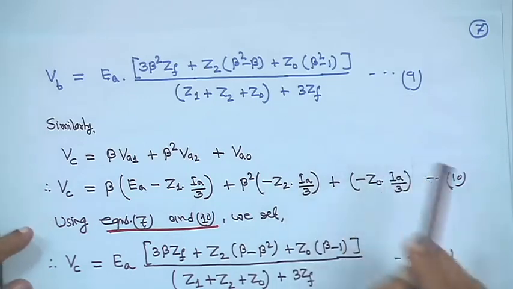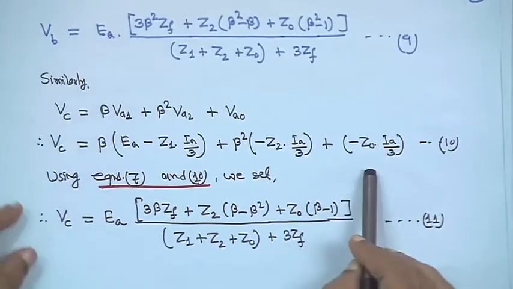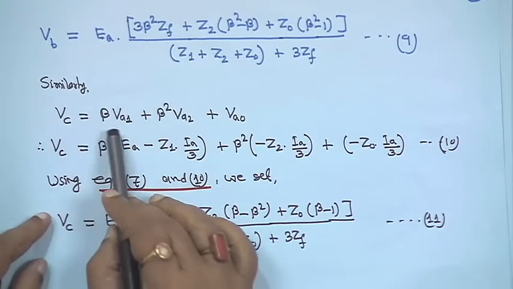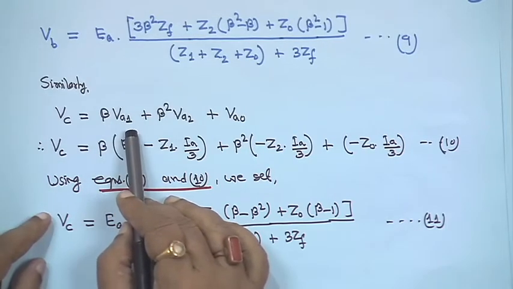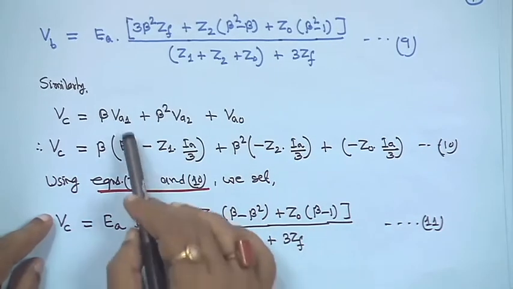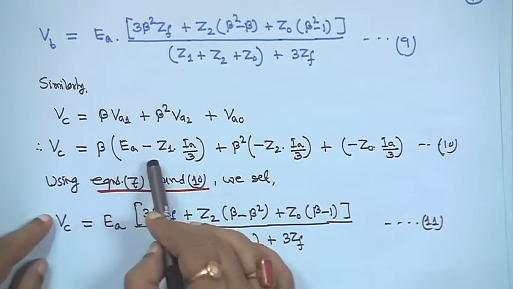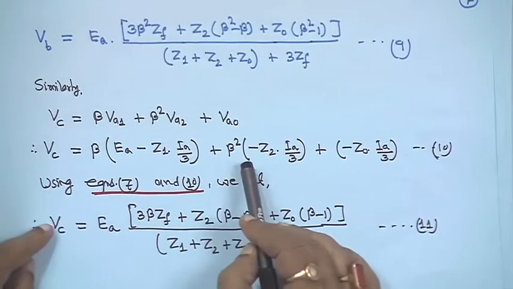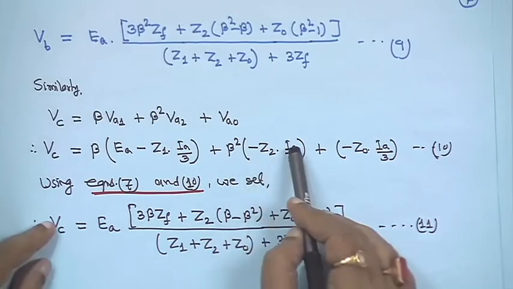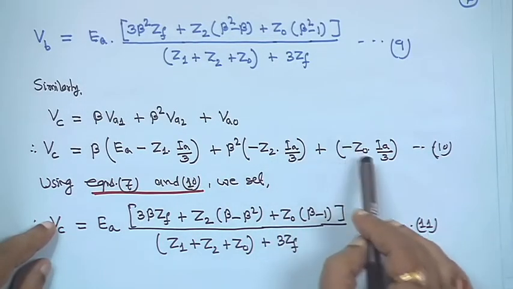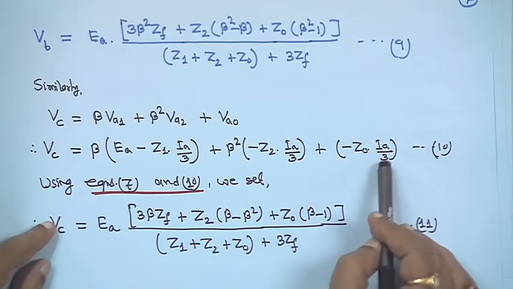This is equation 9. Similarly, if you do in similar fashion for phase voltage VC, then VC will be beta VA1 plus beta square VA2 plus VA0. Then again same as before, substitute VA1 is equal to EA minus Z1 into IA by 3 because IA1 is equal to IA by 3. Similarly, plus beta square minus Z2 into IA2, IA2 is equal to IA by 3, plus in bracket minus Z0 into IA by 3, the IA0 is equal to IA by 3.